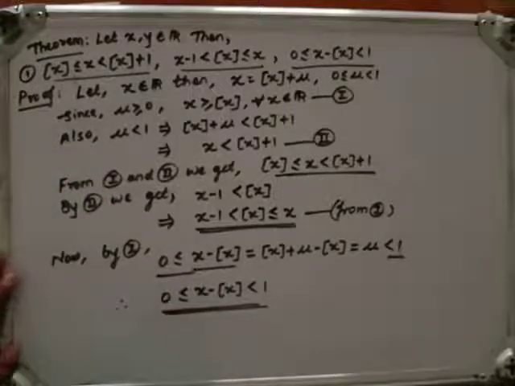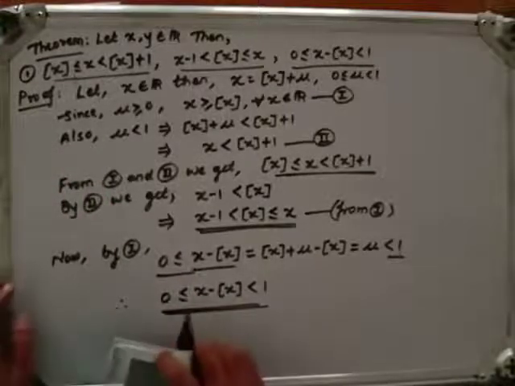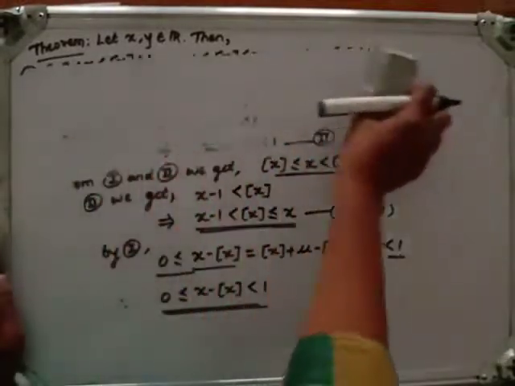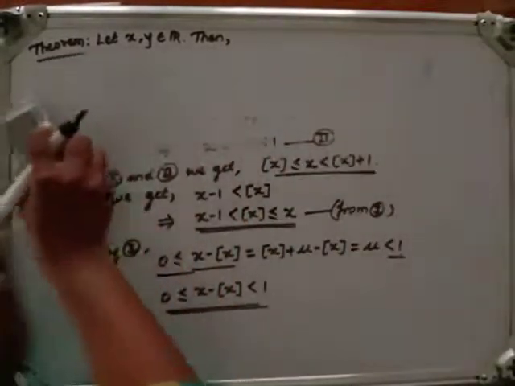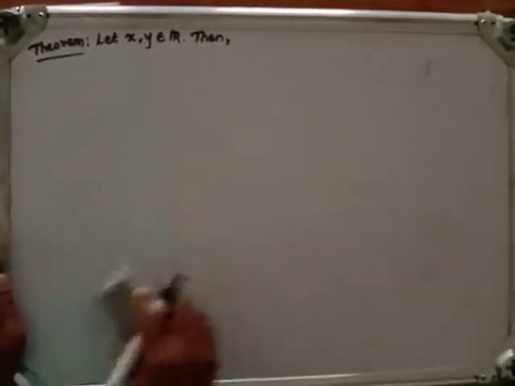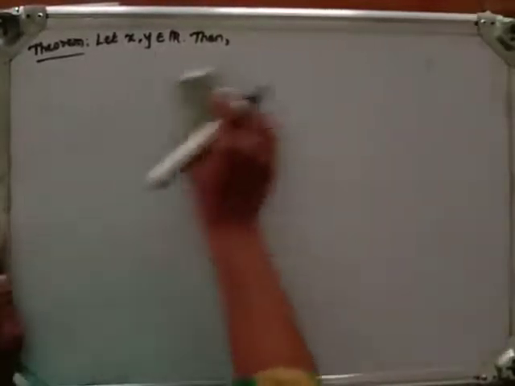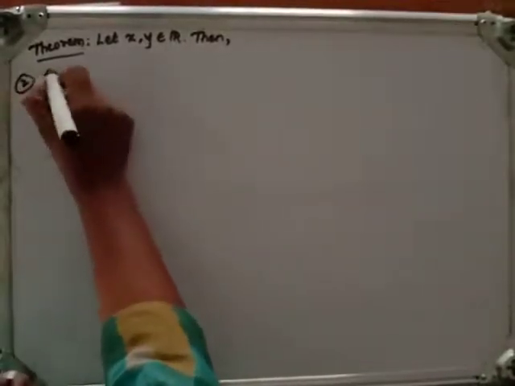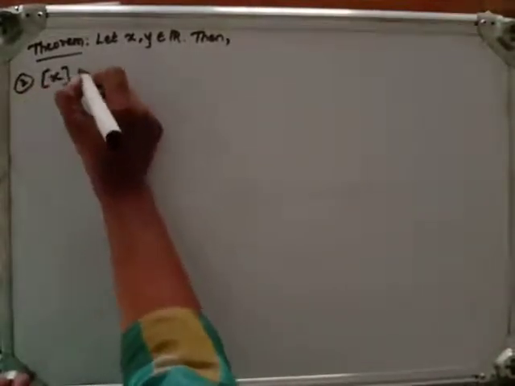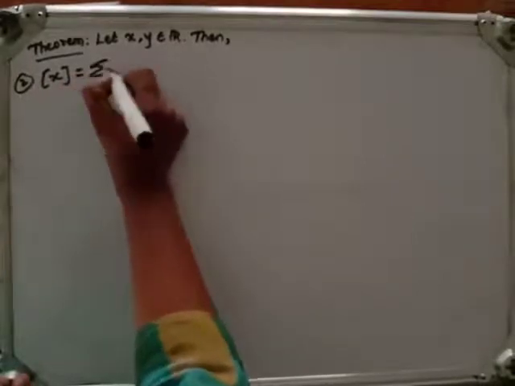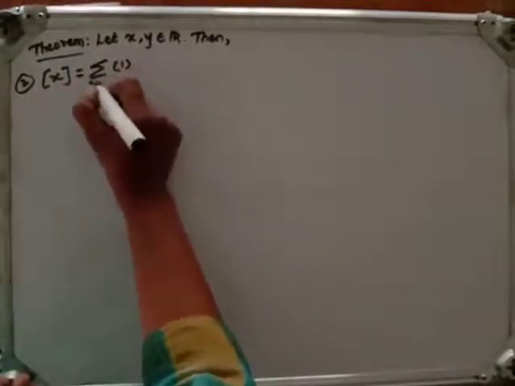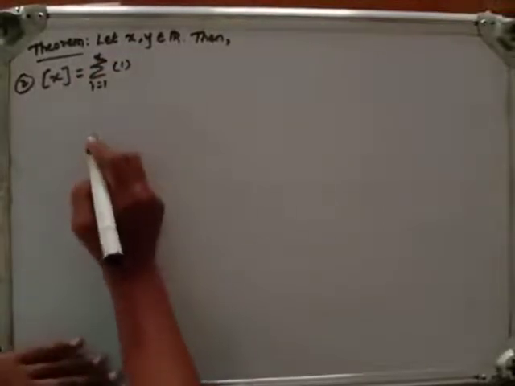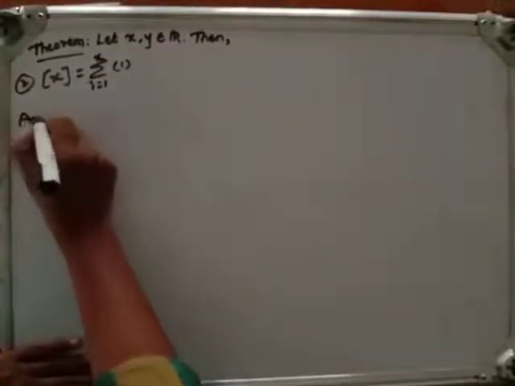Now let's see the second property. The second property says the greatest integer function of x is the summation of 1, i goes from 1 to x. The proof of this is very simple.